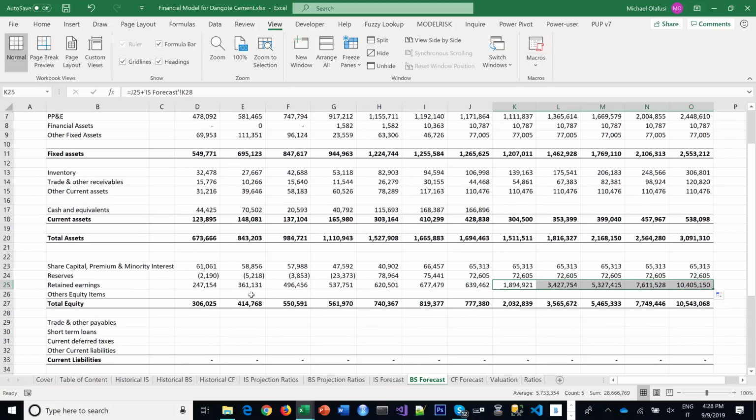And other equity items. So this is kind of saying they are not paying dividends. So if they are paying dividend, maybe dividend will be part of other equity items that we net out of retained earning, or you can take it out directly. So you will say this minus dividend.